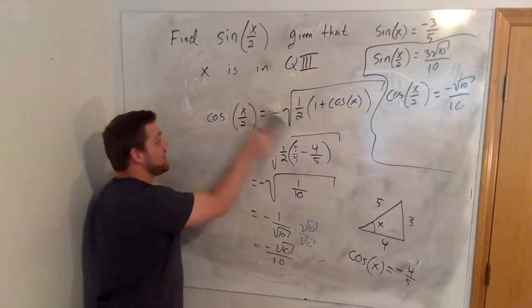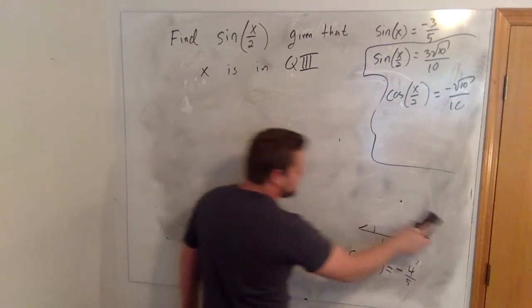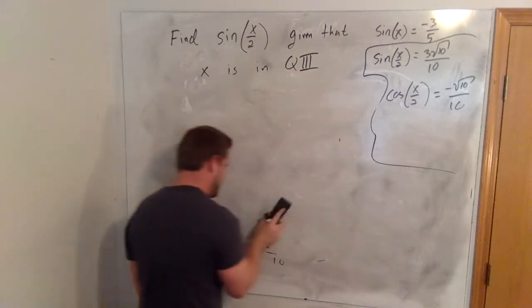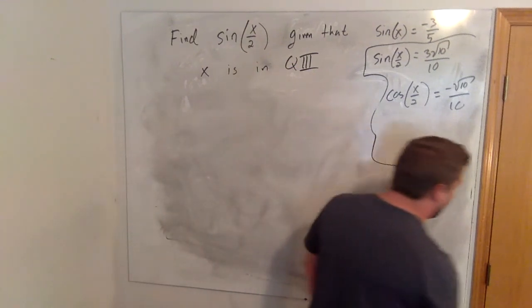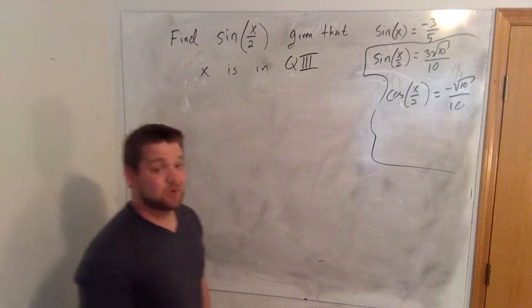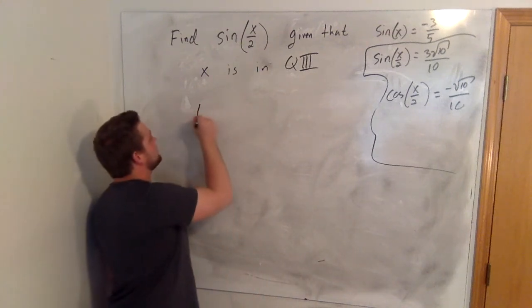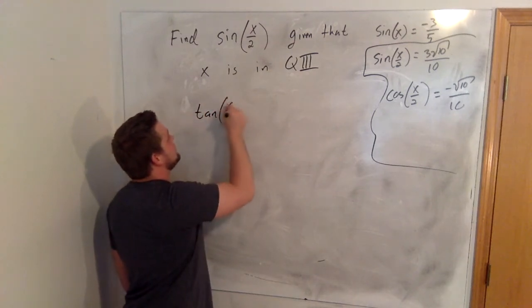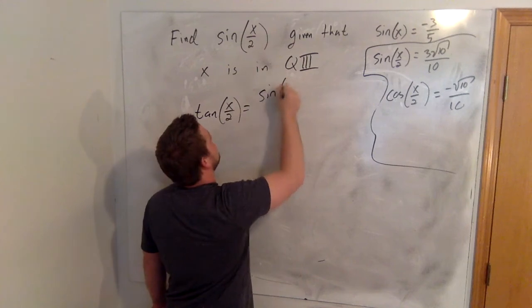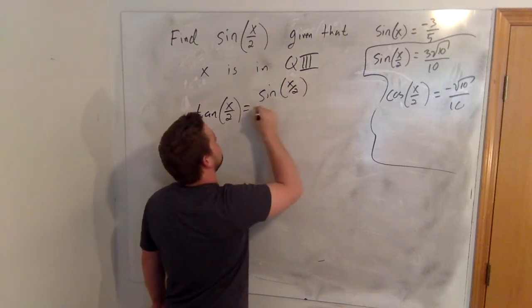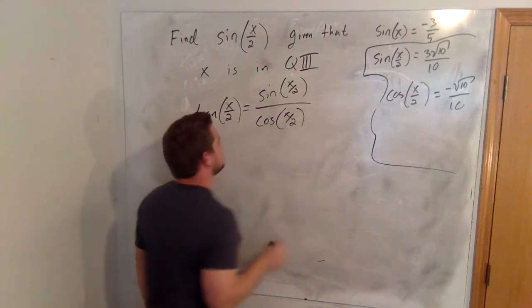So our next job is to try to figure out what tangent of x over 2 is. You could look in the back of the book for the half angle formula for tangent, but I already know what sine and cosine are. So to figure out tangent of x over 2, I'm just going to note that this is the same thing as sine of x over 2 all over the cosine of x over 2.